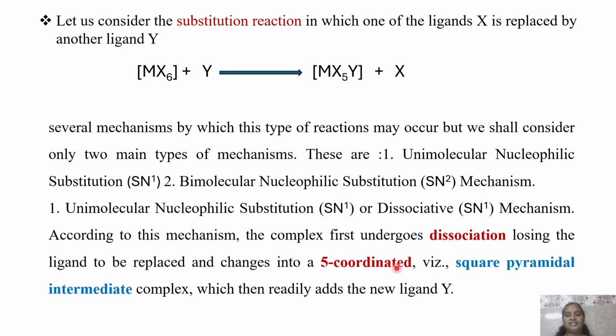We can say the structure of the complex is a square pyramidal intermediate complex. To the square pyramidal intermediate complex, if another ligand Y adds, it results in the formation of the octahedral complex.